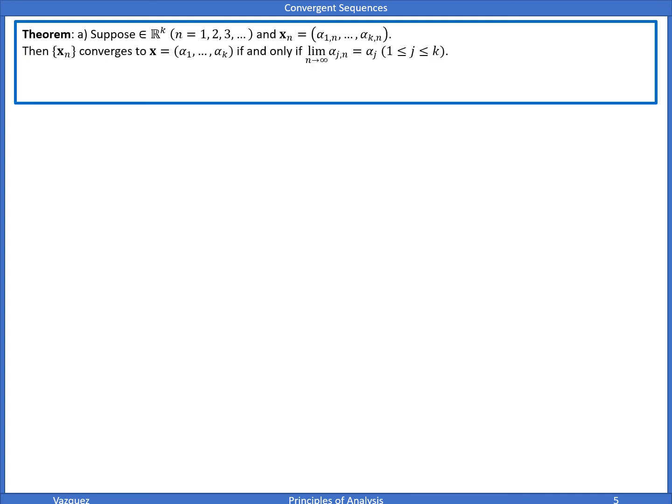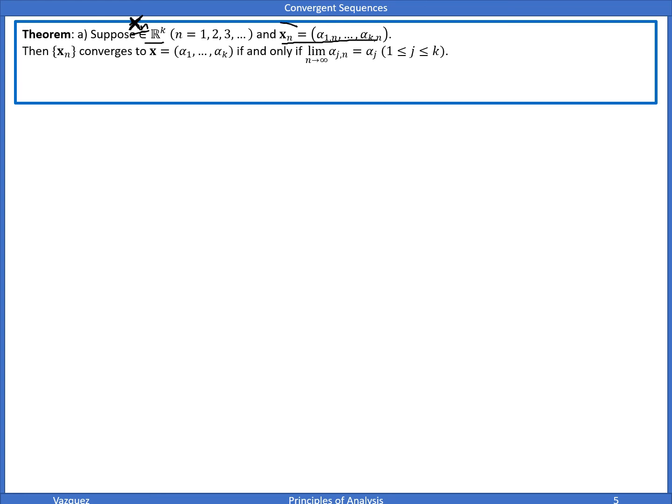We're going to suppose, wow, I am missing a bunch of stuff in here. We are going to suppose x sub n is in R^k and it's of this form.